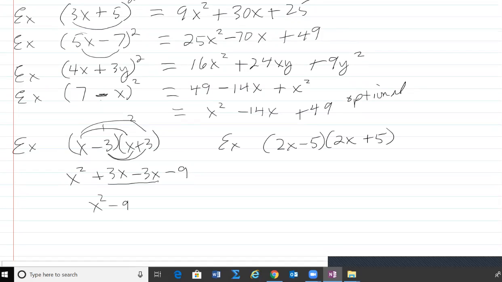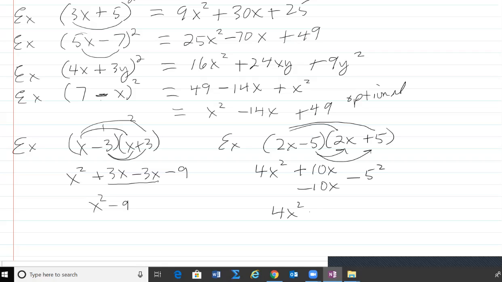Okay, I'm going to multiply by distributive property. I'll have 4x squared first. Second, I'll have 10x. Third, and here I'll have a minus 10x. Fourth, I have a minus 5 squared, 5 times 5. Well, that's 4x squared minus 25.